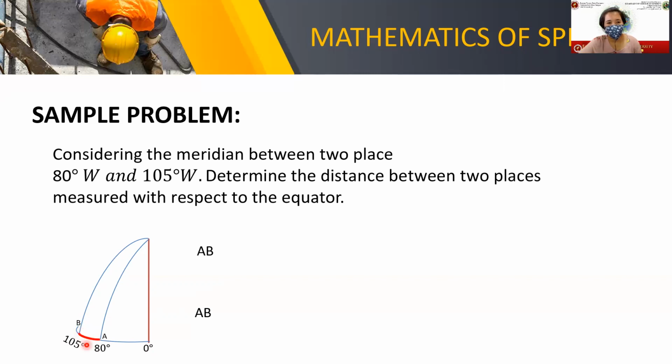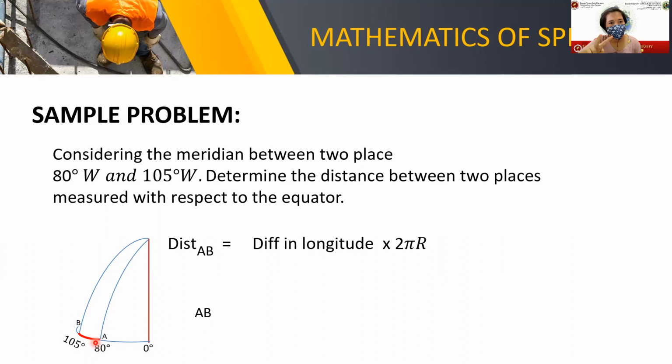Okay, so we all know that the length of the parallel is equivalent to the length of the equator times the cosine of the latitude. And we already know that the circumference of the parallel is given by 2 pi r cosine of the latitude. So we have here the distance AB. We first determine the difference in the longitude, how far apart these are, by taking the difference of their longitudes.